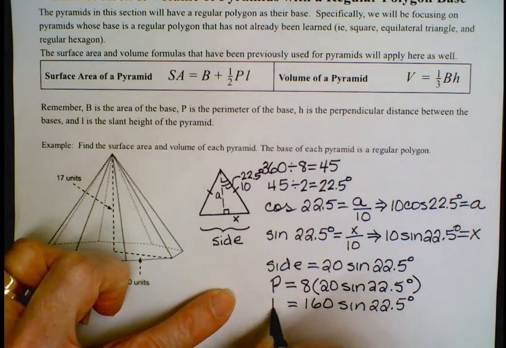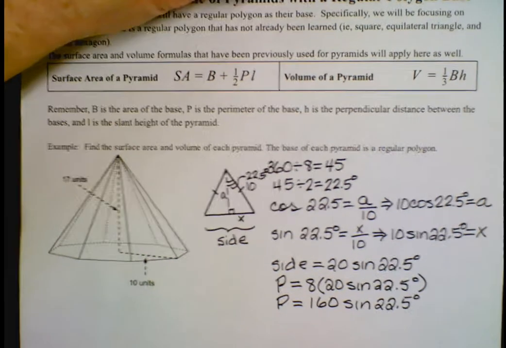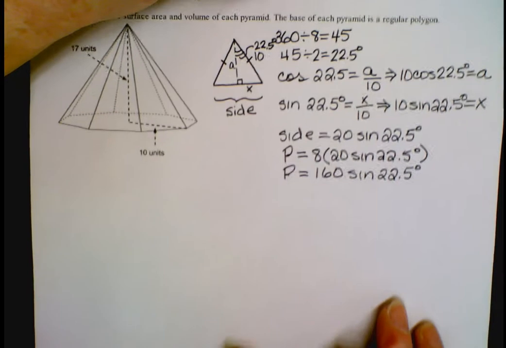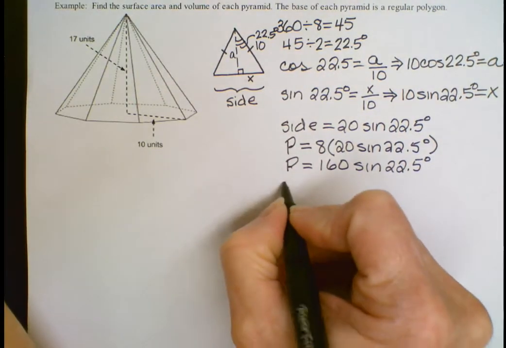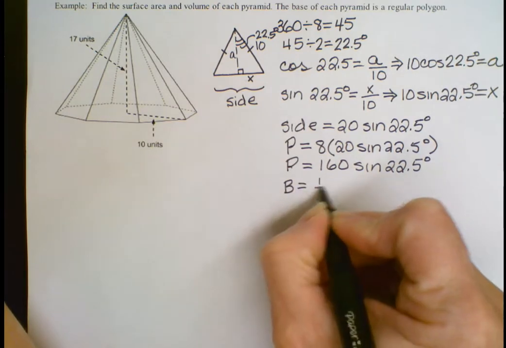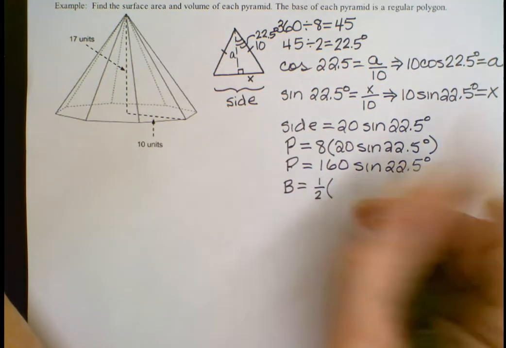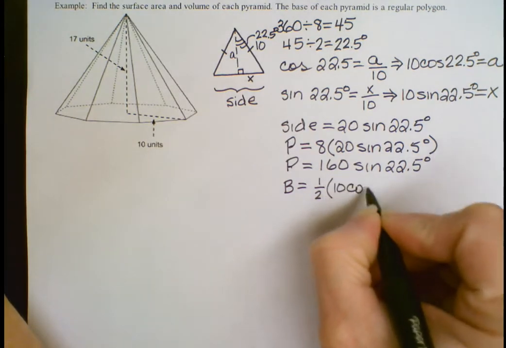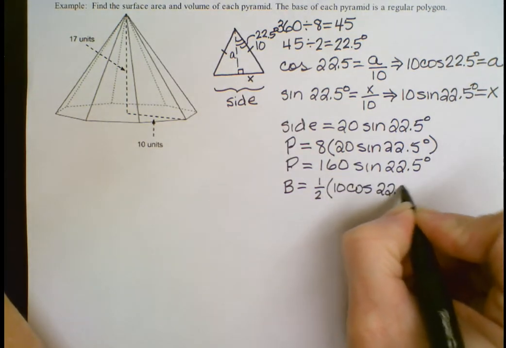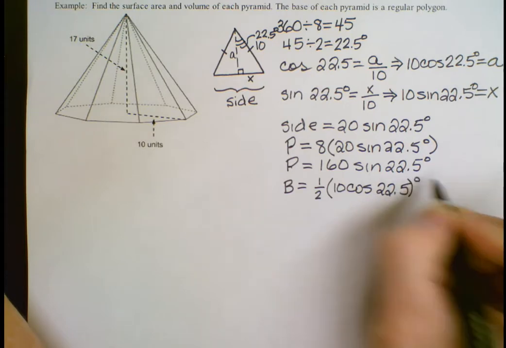Okay, so we've got the perimeter of the base. Now let's find the area of the base. The area of the base, since it's a regular polygon, is given by 1/2 times the apothem. Remember, the apothem is what we found up here, 10 cosine 22.5 degrees, times the perimeter.